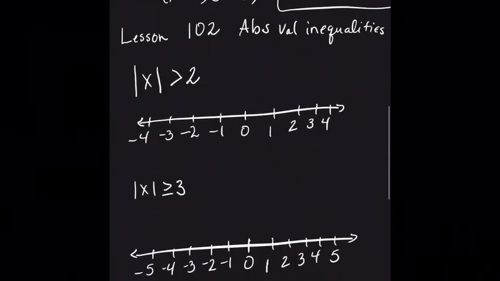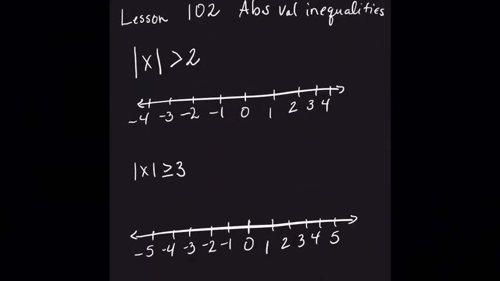All right, lesson 102 is about absolute value inequalities. So let's just scroll down here for a minute and let me ask you this. If we had something like this, the absolute value of x equals 4, what does x equal?